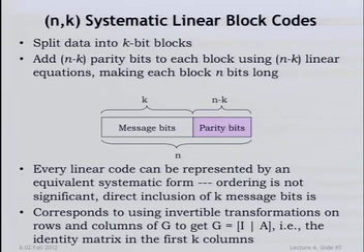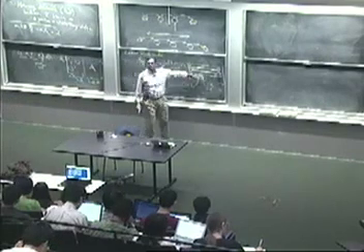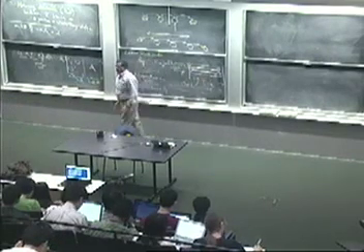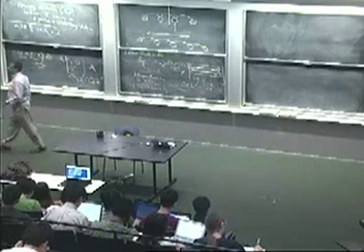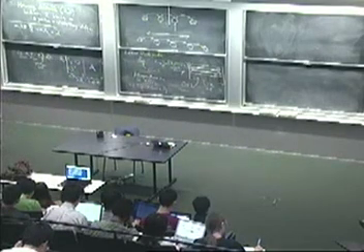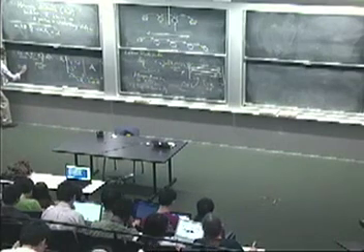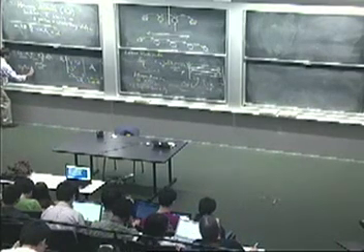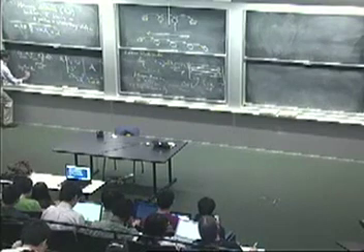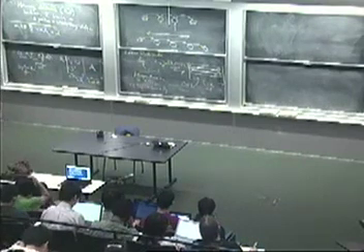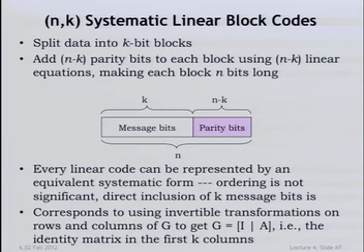And the resulting code will have effectively the same error correction properties that the code out here did. Okay, so we're just going to limit ourselves to thinking of linear codes which are on the so-called systematic form. In other words, some part of the code word is the message bits, and the other part is parity bits. Okay?